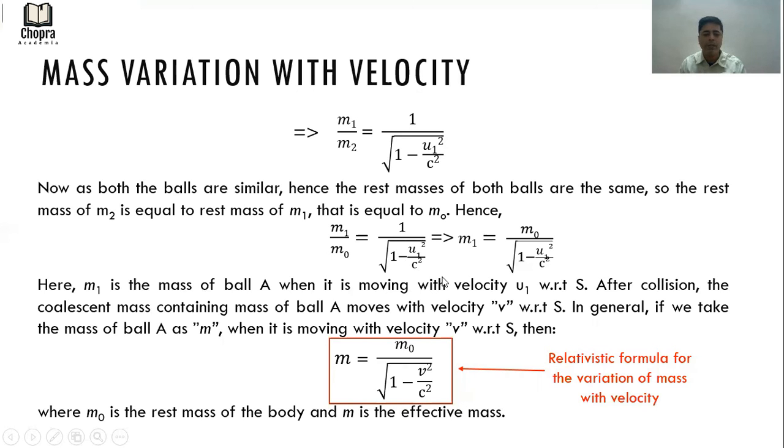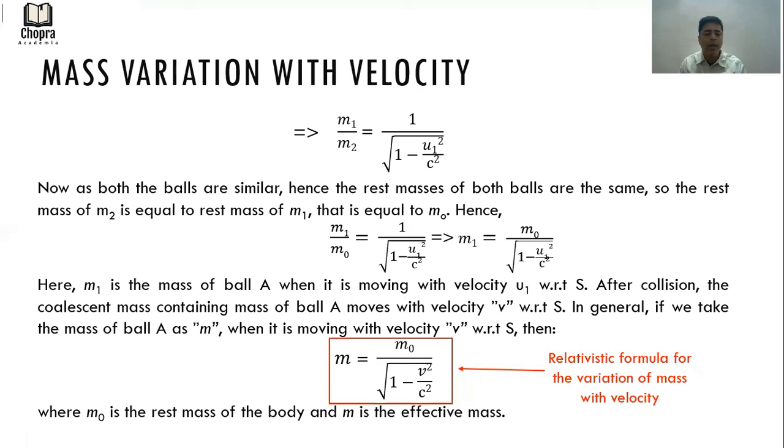Now here M1 is the mass of ball A when it is moving with velocity u1 with respect to frame S. After collision, the coalescent mass containing mass of ball A moves with velocity v with respect to frame S. So please pay attention here.